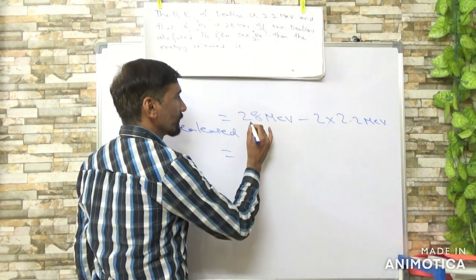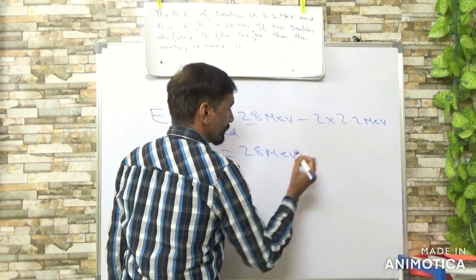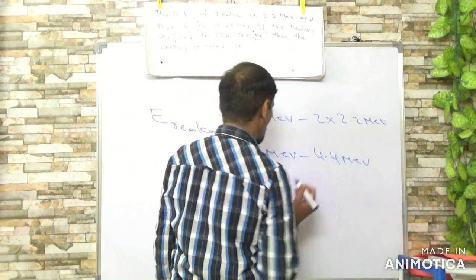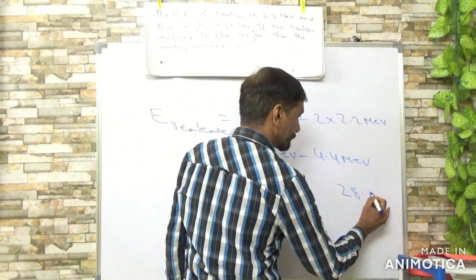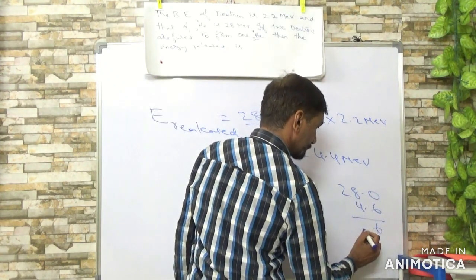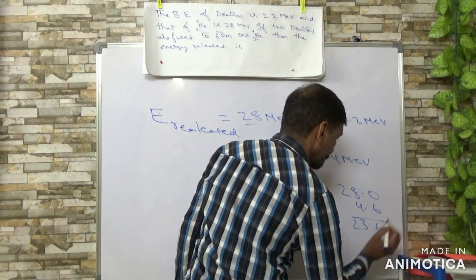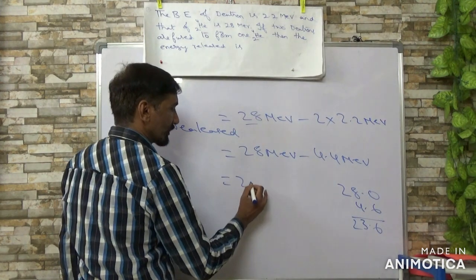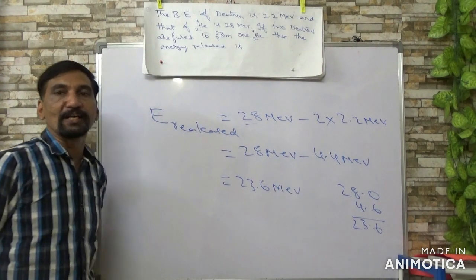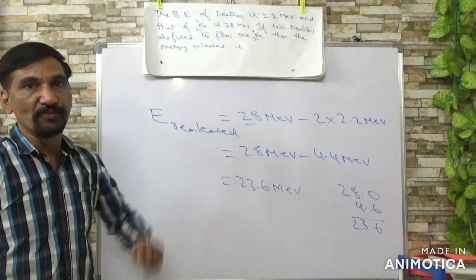So you get 28 MeV minus 4.4 MeV, which is 23.6 MeV. So the energy released in this process is 23.6 MeV.